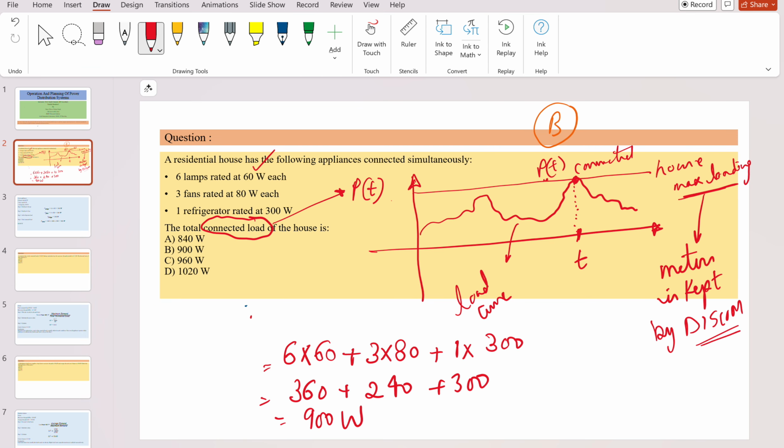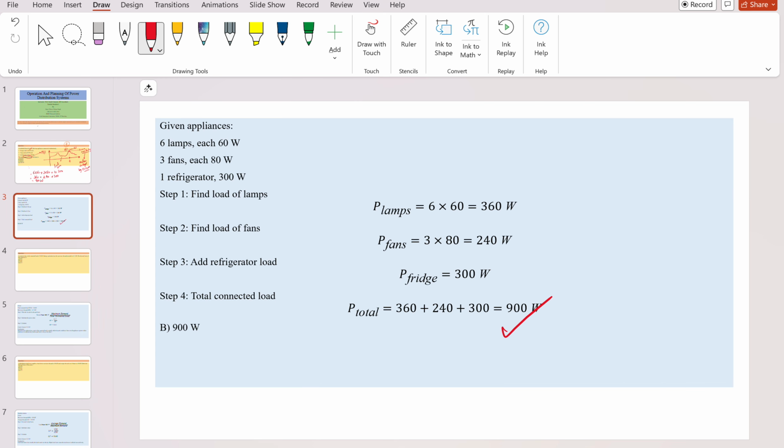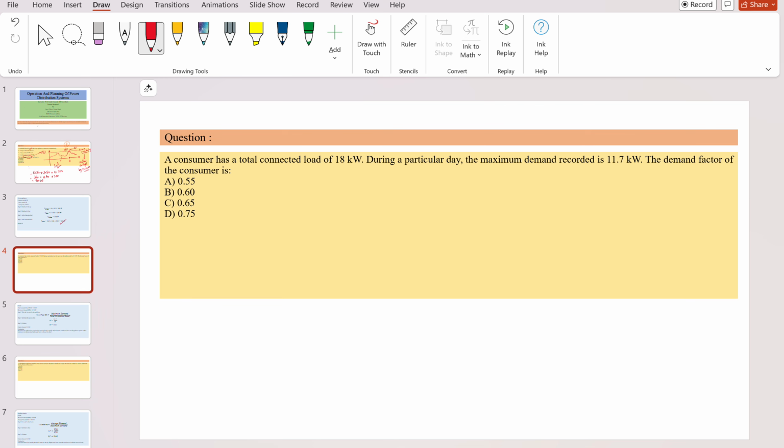Discom is the distribution company which gives you power and supplies a particular distribution system network. So this is the solution: 900 watt. Okay, try to solve this next one. This is also a very easy, straightforward problem, but I wanted to give some glimpse and help you to solve the assignments.